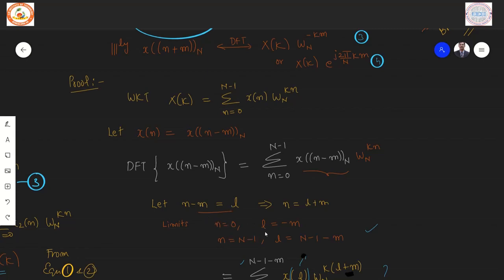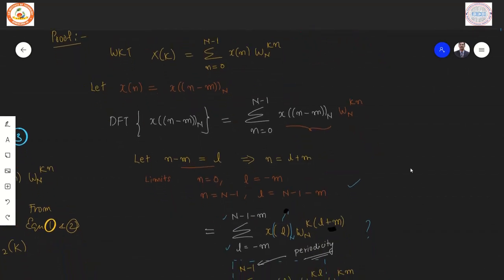We get the limits as L equal to minus M and L equal to N minus 1 minus M. This can be checked in a very simple way by solving it. Now, substituting all these things, the lower limit is L equal to minus M, the upper limit is capital N minus 1 minus M, x of L mod N, W_N to the power of k times (L plus M). This is what you get by doing simple substitution.